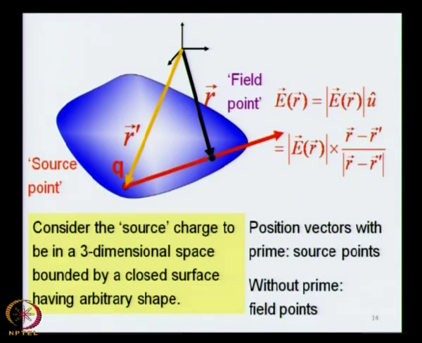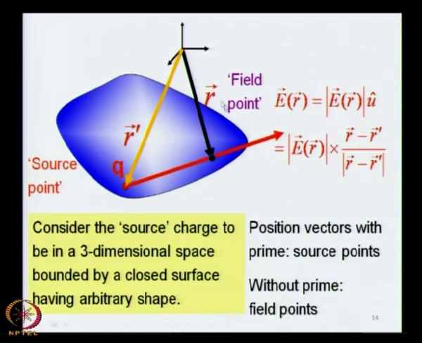So, let us consider such a surface, and this is the 3-dimensional object which has trapped the charge q inside it. As our terminology develops, we will call this a Gaussian surface, because it was Gauss who invented these techniques for the mathematical analysis of the field influence.